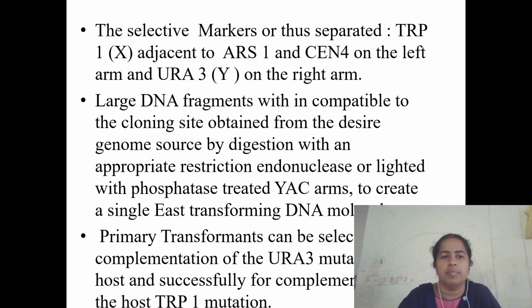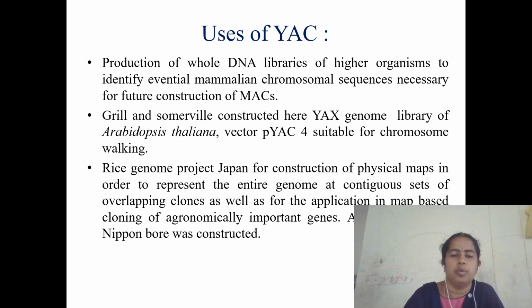Selective markers are separated, which we already studied. Uracil and tryptophan are the selective markers adjacent to ARS, that is, the autonomously replicating sequence, and the centromere 4 on the left arm. Then large DNA fragments which are compatible with the cloning site are inserted into the YACs, and primary transformants can be complemented with the URA3 or TRP1 mutation.